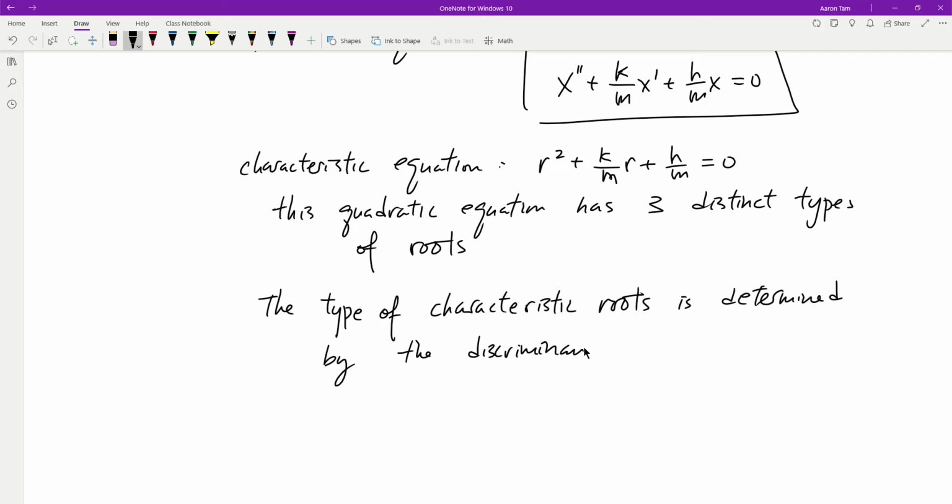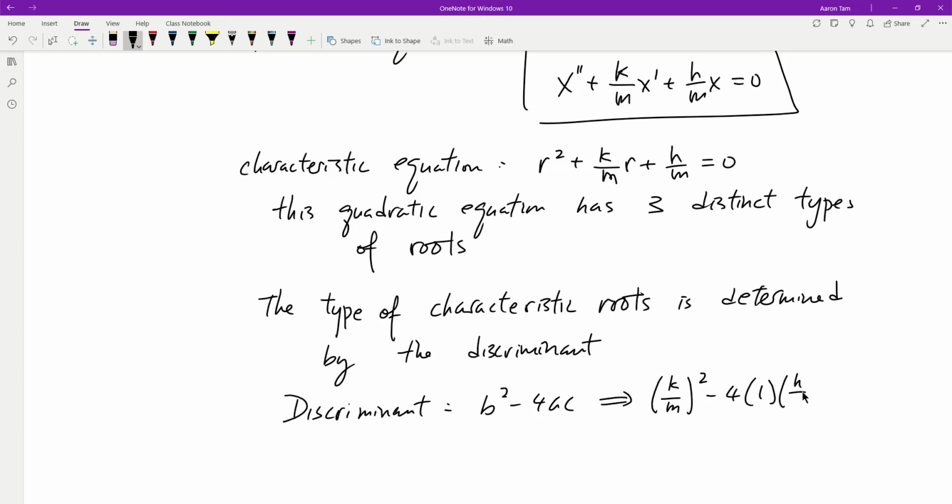You probably remember learning about the nature of the roots. So the discriminant is basically b squared minus 4ac. In our case, b is k over m, so it becomes k over m squared minus 4 times a, which is 1, times c, which is h over m.